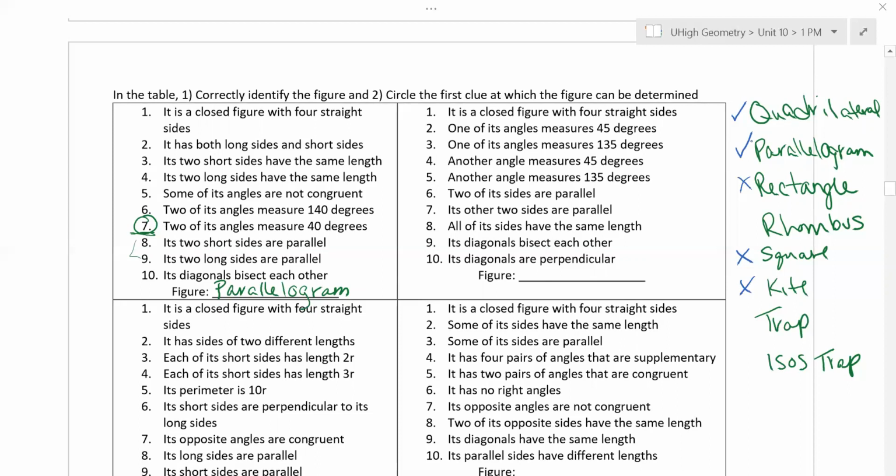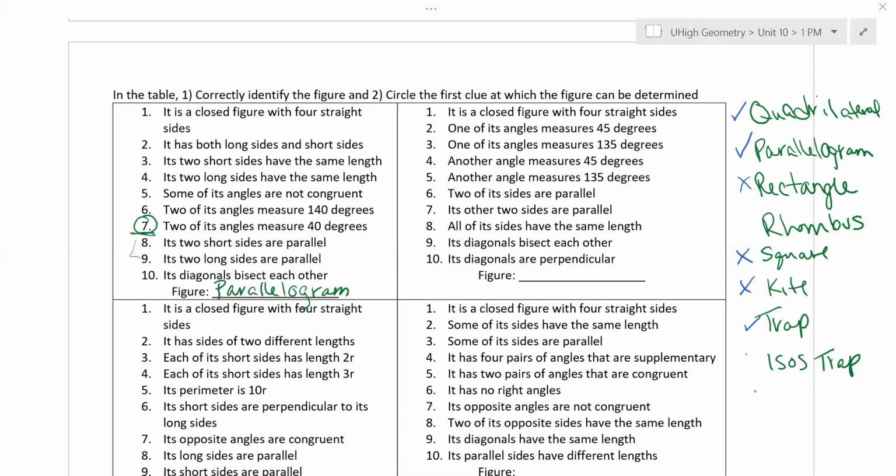And that also means that I can be more specific than a trapezoid or an isosceles trapezoid. So I could have a trapezoid, but I know that I could be more specific. And again, it might be an isosceles trapezoid, we don't know, but we for sure can be more specific.